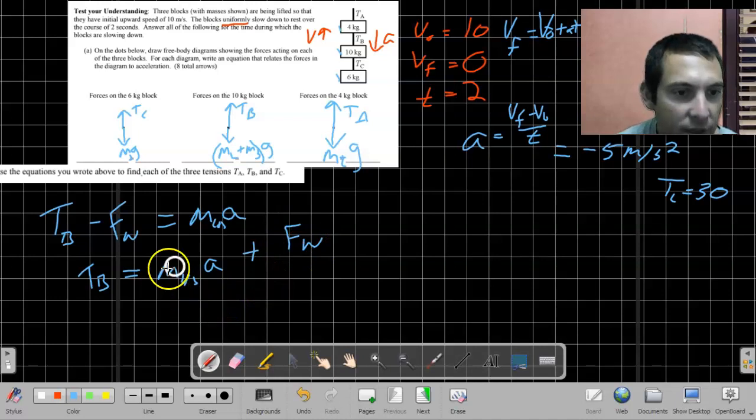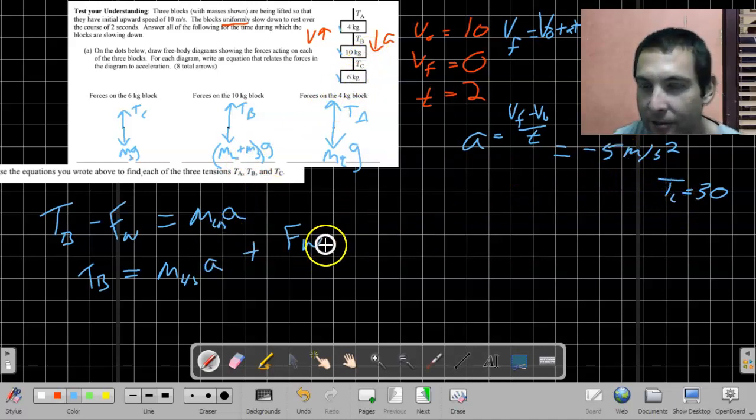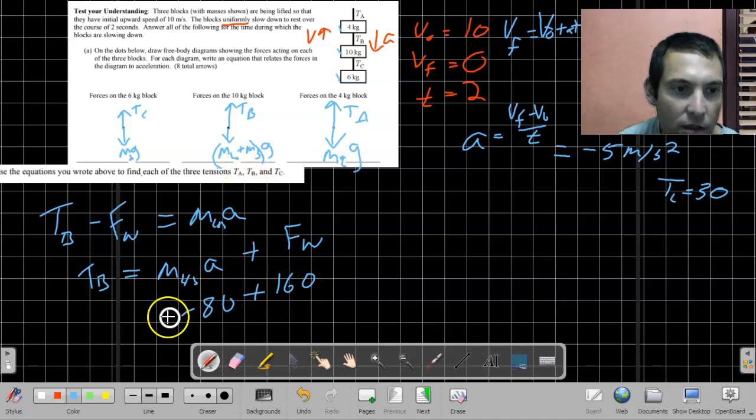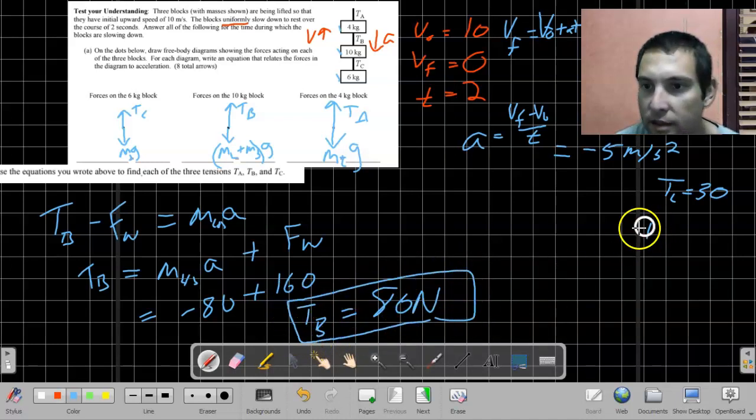So again, let's go ahead and substitute in our numbers. Mass 2 and 3 is 16 times my acceleration, which is negative 5. So 16 times negative 5 will give me negative 80. And we have my weight force, which is 16 times 10, 160. So TB must equal 80 newtons. Moving right along. TB equals 80 newtons.